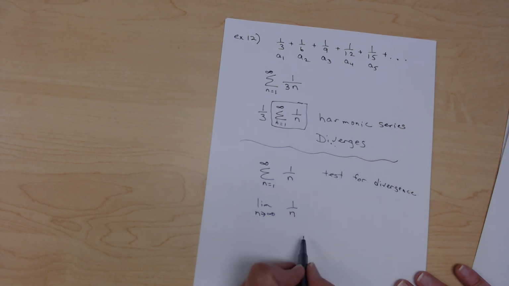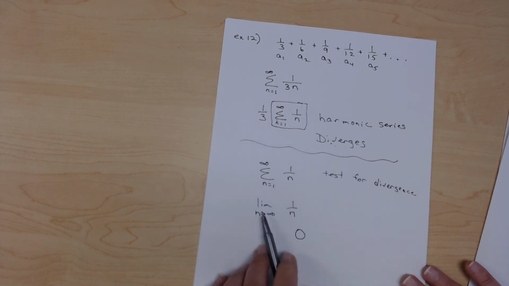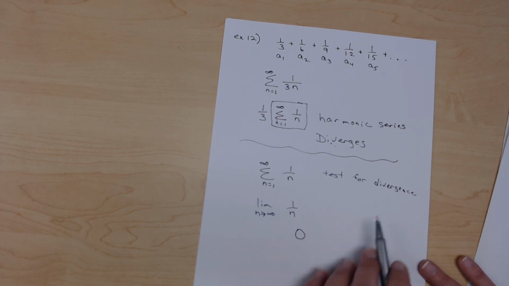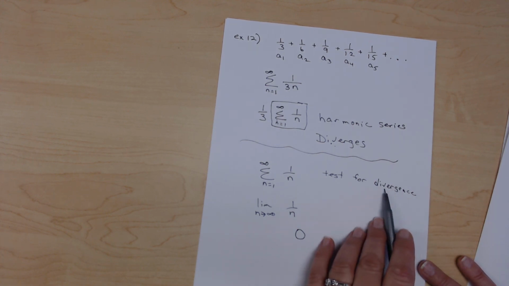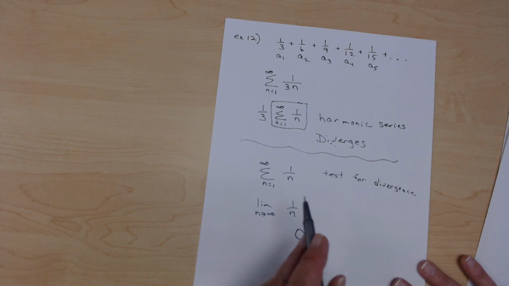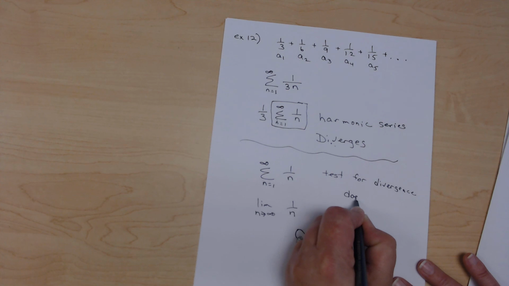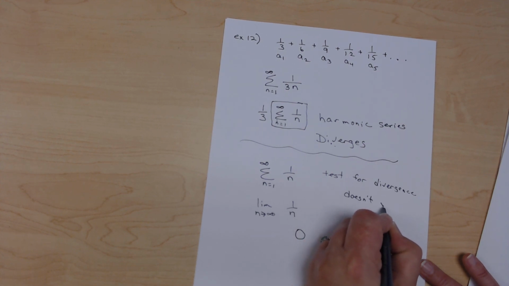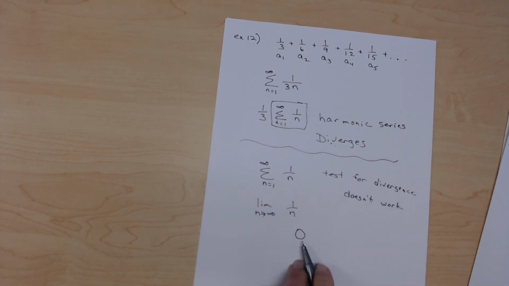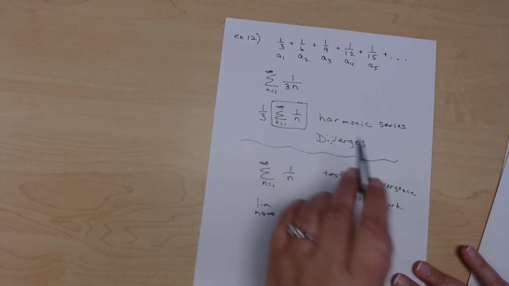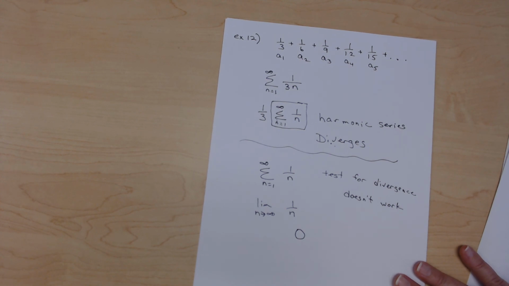It's headed towards 0. And if it's 0, I can't make any conclusion. So it doesn't mean it diverges, it doesn't mean it converges. So the test for divergence just doesn't work. For this, because it equals 0, I just can't give an answer. But because it is harmonic, I know 100% that it diverges.